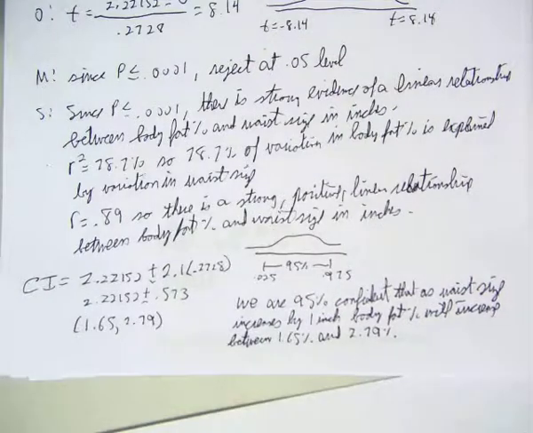So for every inch that you put on your waist, we're 95% confident that your body fat percentage will go up between 1.65 and 2.79%.